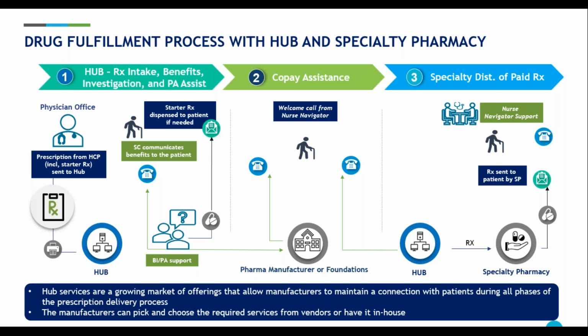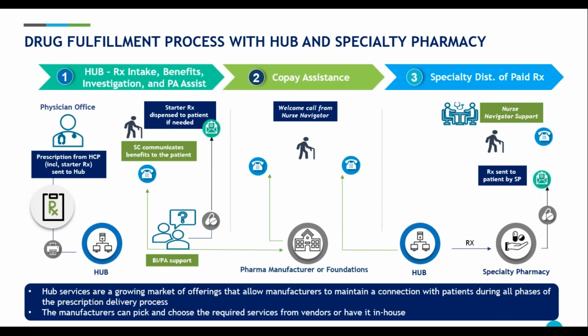So the way the landscape has changed when hub came into these services is that a prescription comes from the HCP first, and then it goes to the hub directly rather than to the specialty pharmacy, right? So now the hub does all the prior auth services. They connect with the payer, they connect with the provider, and they do all the prior auth work.